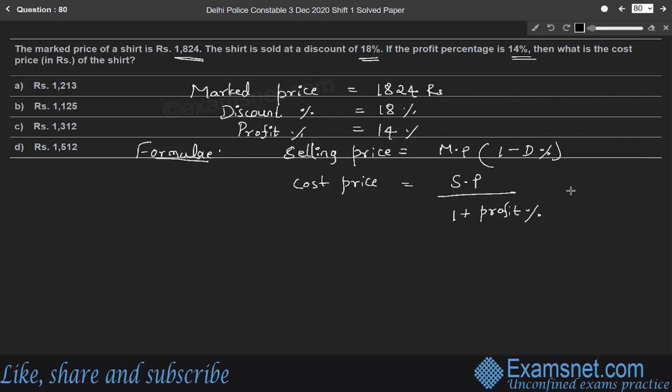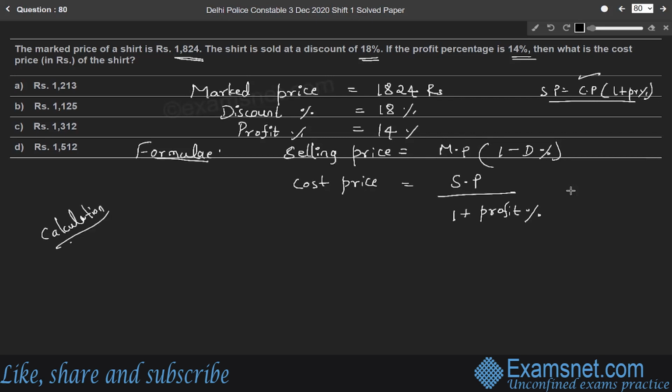So this formula is derived from selling price. So selling price is equal to cost price into 1 plus profit percentage, right? So after rearranging cost price, here cost price is equal to selling price by 1 plus profit percentage, right? So let us substitute the values in the calculation part.